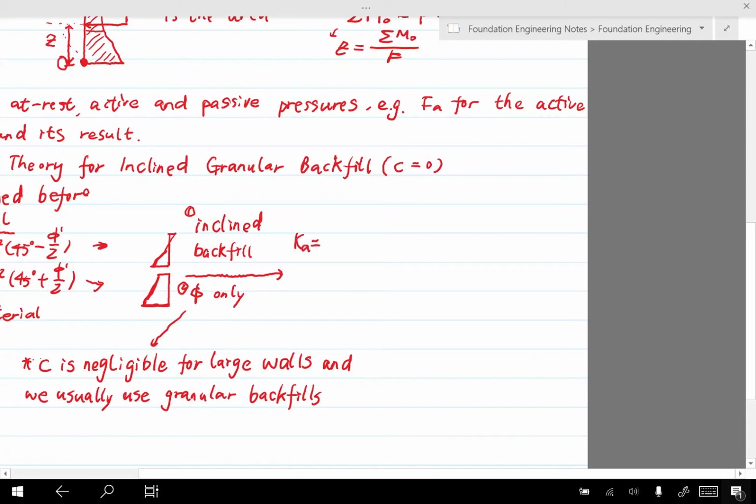Here I will not show the deductions, so if you are interested, you can take a look at your textbook. So here I want to show the equation directly. That's because our major interest is about the application of these equations and not about the deductions.